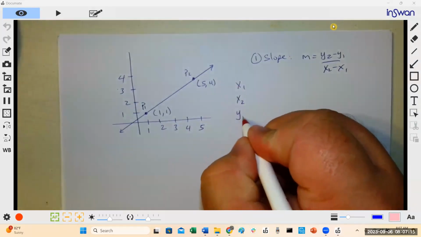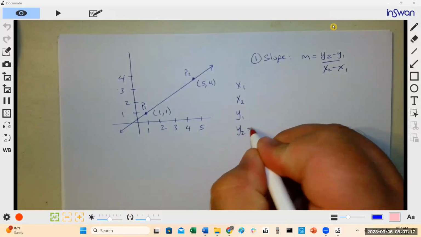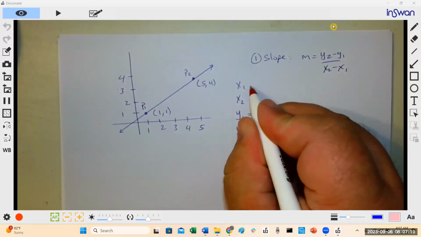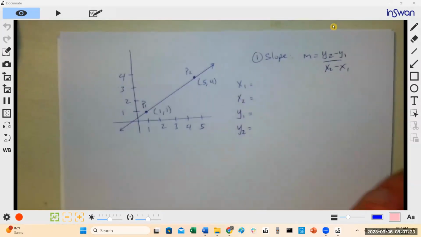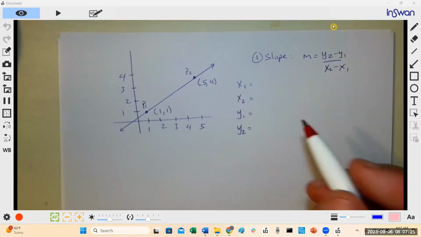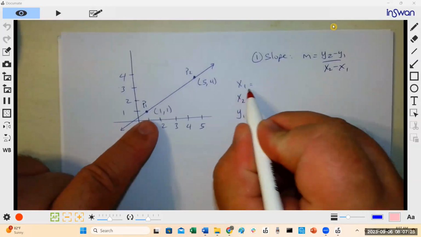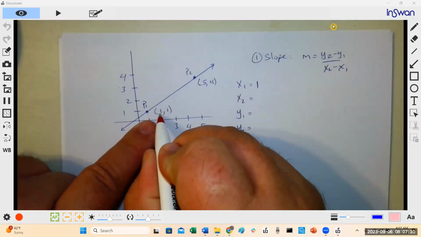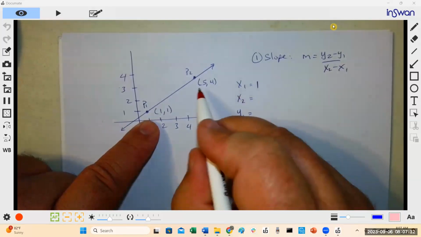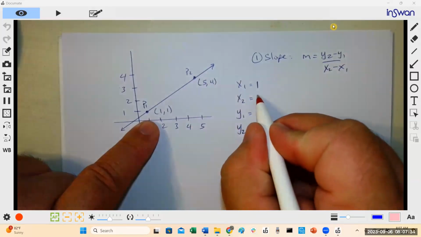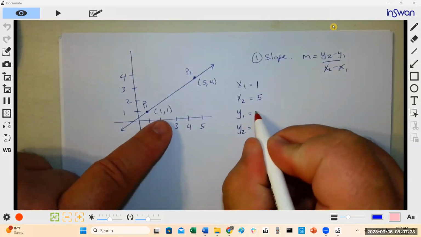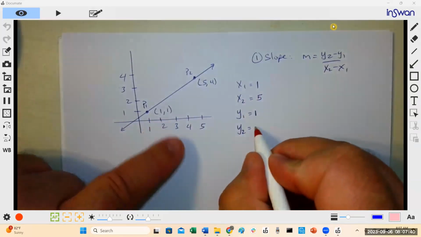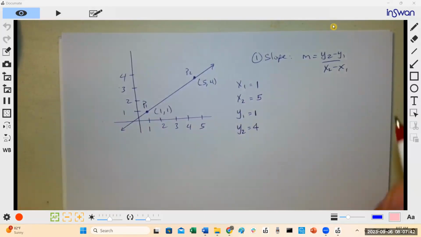We label the values because for the next equations we're going to need these anyway, so it's better to do it now. x1 is the x value of the first point. x2 is the x value of the second point. y1 is the y value of the first point, and y2 is the y value of the second point.